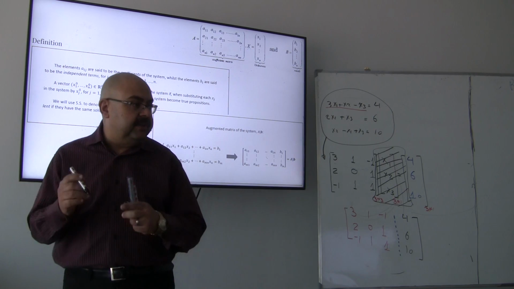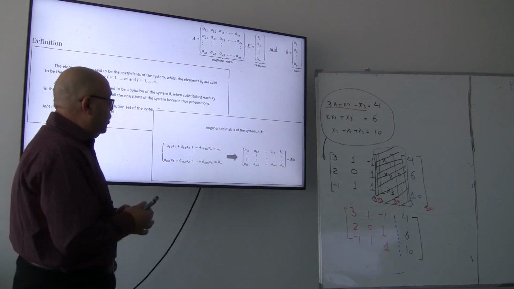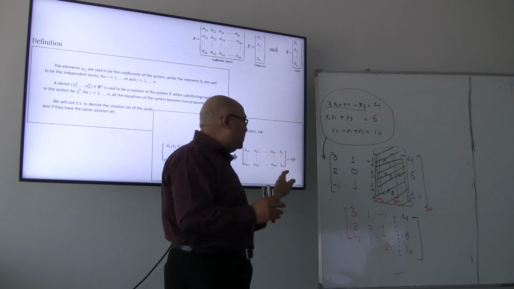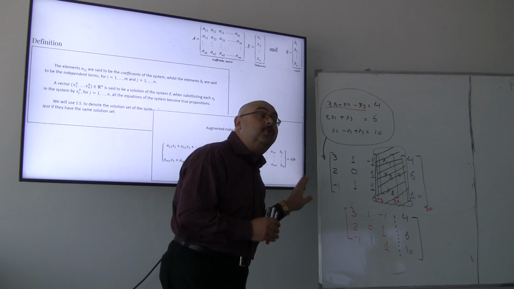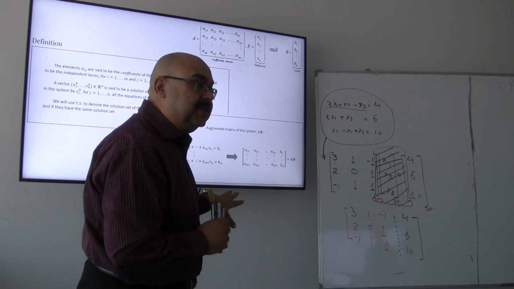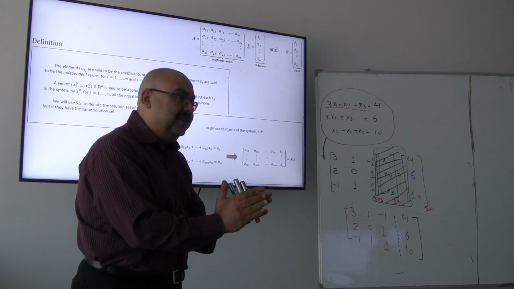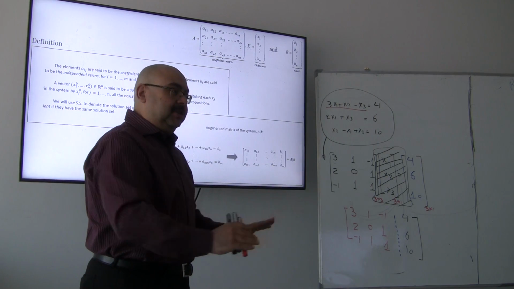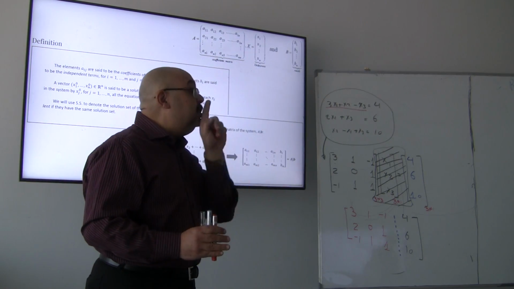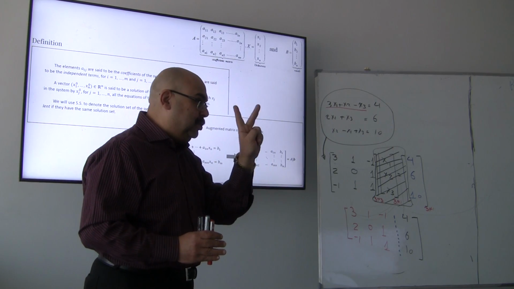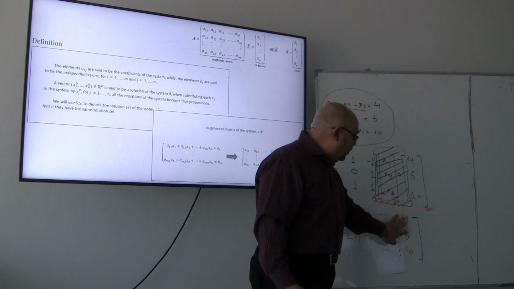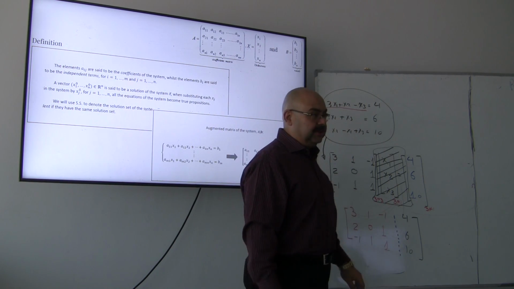This is the augmented matrix: the coefficient matrix, then the last column is the result. This is a very famous matrix. It sums up everything, a system of equations into a matrix form, then into a compact form containing 2 matrices. Don't you ever forget, 2 matrices. One is the coefficient matrix, and the other is the result matrix.